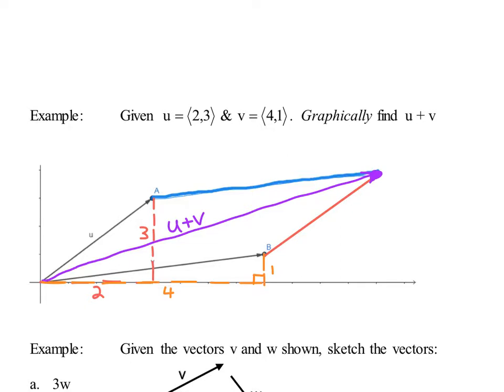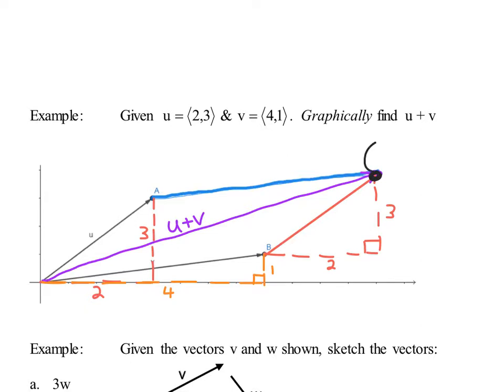All right, so all I need to do is from point B, which is the end of vector V, I know I covered it up, I'm going to go an additional 2 units in the x direction and 3 units in the y direction. All right, so we're looking at, and so that would make this coordinate up here.